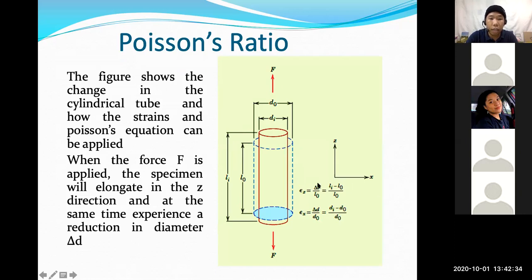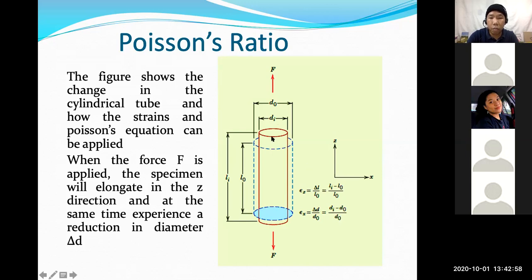Now when the force F is applied, this is the force F, the specimen will elongate. Take a look at the elongation in the z direction. So this is the z direction and this is the x direction. And at the same time it experiences a reduction in diameter.